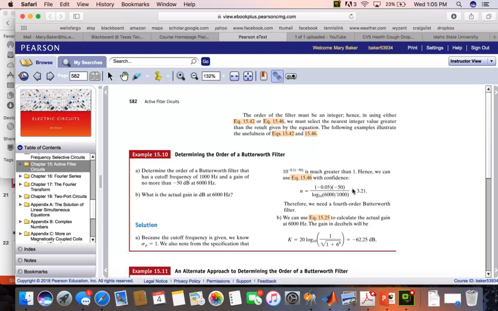If you use that equation, you come up with n is 3.21. You've got to go up to the next whole number, so you would need a fourth order Butterworth filter. So using a fourth order Butterworth filter, you then calculate the gain of the filter at 6000 hertz, and what you find is that you end up with minus 62.25 dB.